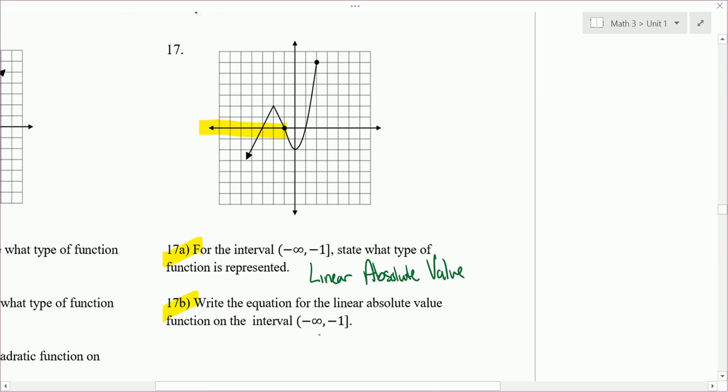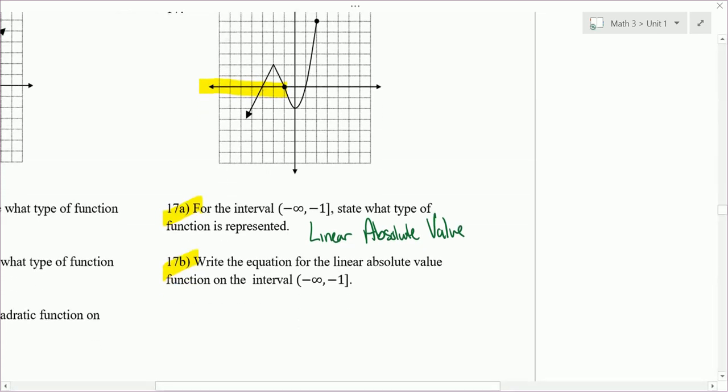And then in part B, write the equation for the linear absolute value function. Okay. So it kind of gave you the answer in part B to part A. So normally the absolute value parent graph is at 0, 0, so we see that it's been moved up 2 and left 2. And so we have y equals something, absolute value of x plus 2, plus 2.